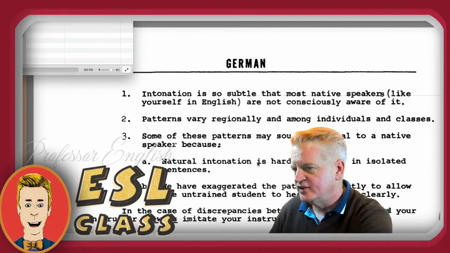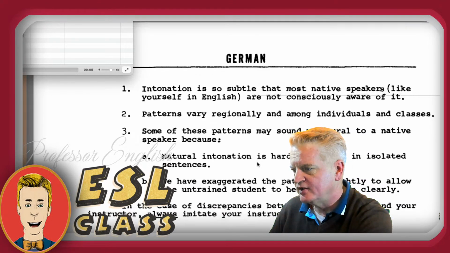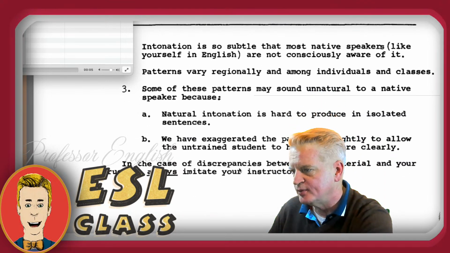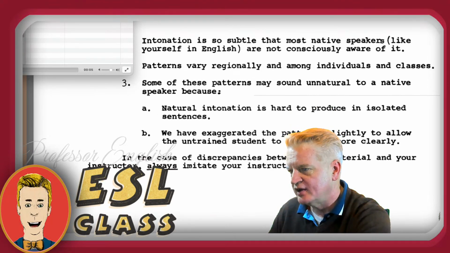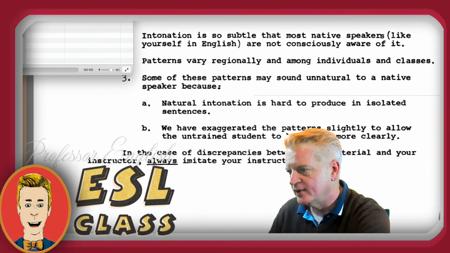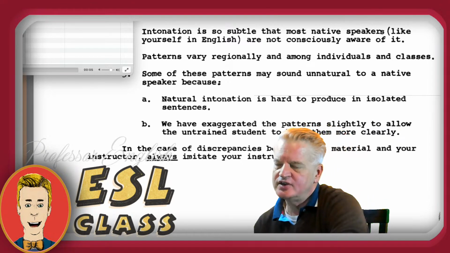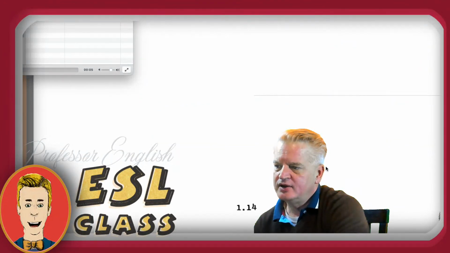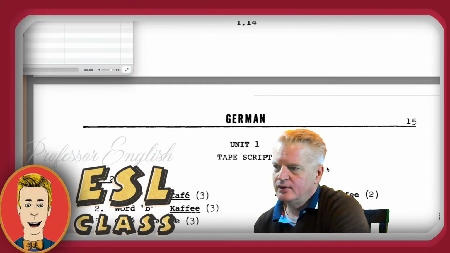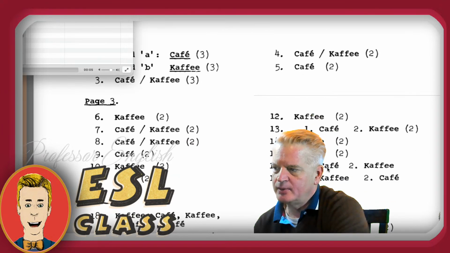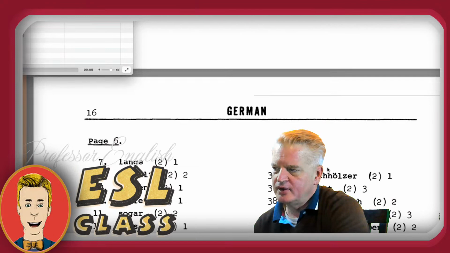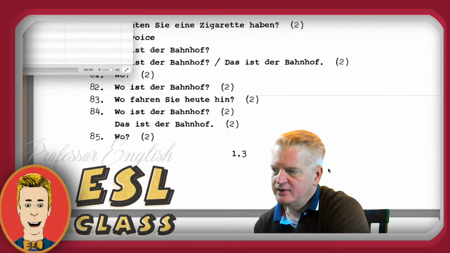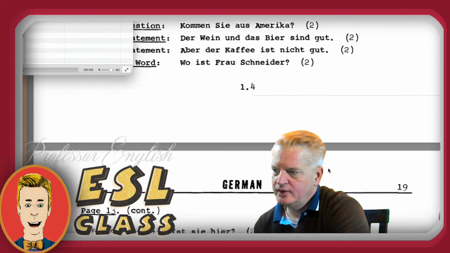Some of these patterns may sound unnatural to native speakers because A, natural intonation is hard to produce in isolated sentences, and B, we have exaggerated the patterns slightly to allow the untrained student to hear them more clearly. In the case of discrepancies between this material and your instructor, always imitate your instructor. Okay, and I think they just recap some of the vocabulary used, or actually these are all the words that they said. Okay, now we'll go to Unit 2.